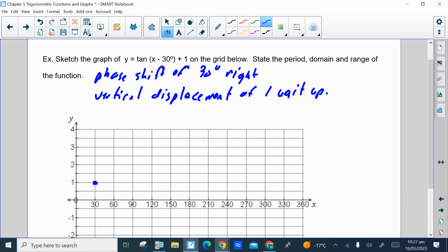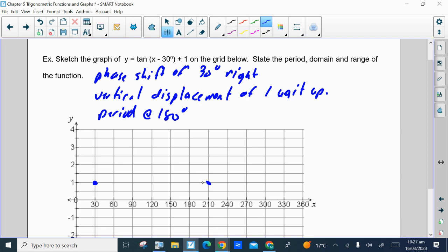Our period hasn't changed. Right? Our period hasn't changed because there's no b value, no horizontal stretching. So our period is still every 180 degrees. So from 30, if we add 180, we'll be at 210. That'll be the next point of inflection.